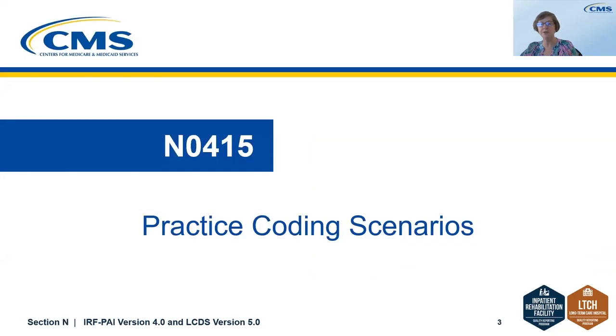Just as a reminder, this is a coding practice scenario conference. Please review the pre-recorded materials for more information about specific guidance. We are going to start with some practice scenarios and walk through the coding for the new item, N0415, high-risk drug classes, use and indication.